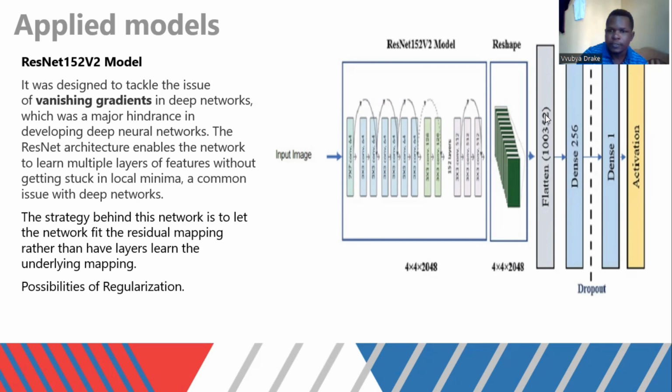Then there is reshaping and flattening, then different densely connected layers which are activated. And then we can see there are different dropouts to reduce overfitting.